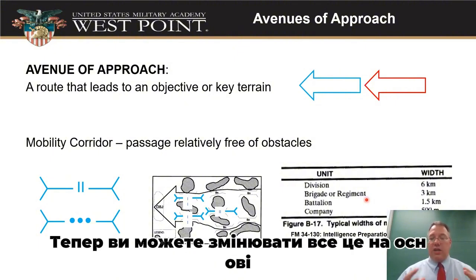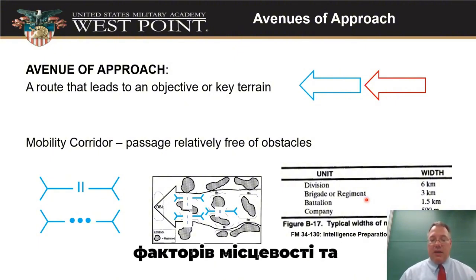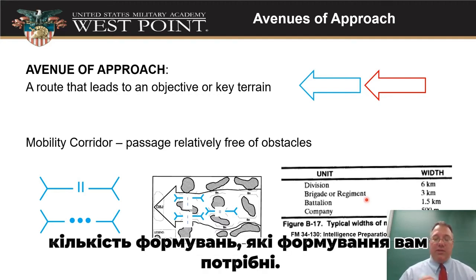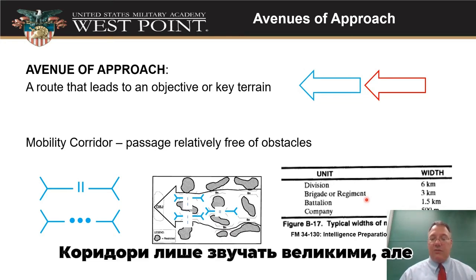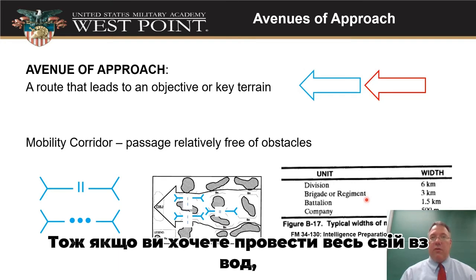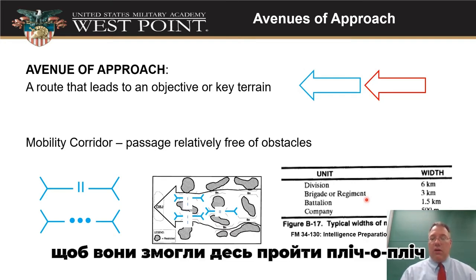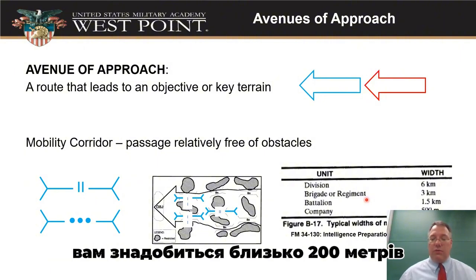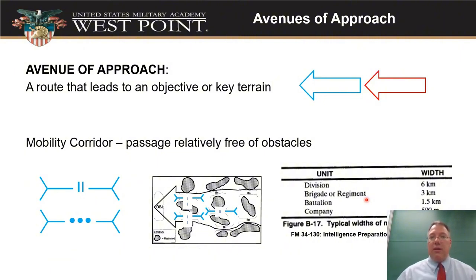Now, you can adjust all of that based on other factors of the terrain and what kind of troops you have. Is that a mounted formation? What formations do I need? I also say those sound large, but that's the whole unit on front, right? So if you want your whole platoon frontage with every squad shoulder to shoulder, you're going to need about 200 meters to do that or more.